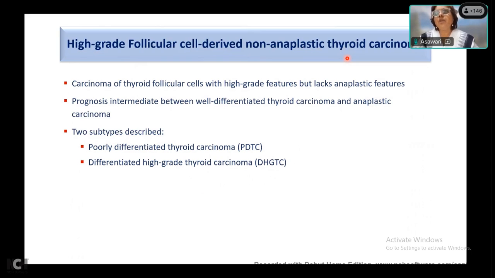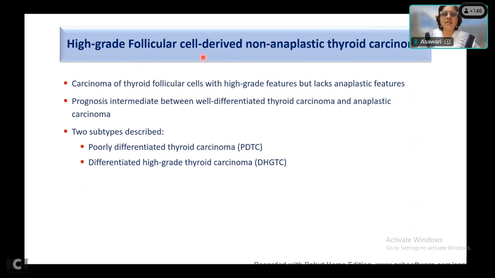So if you stratify according to risk, all papillary and follicular carcinomas of thyroid are somewhat better behaving tumors. High-grade follicular-derived non-anaplastic carcinomas are intermediate. They have an intermediate type of prognosis, and anaplastic carcinoma will have the worst prognosis.